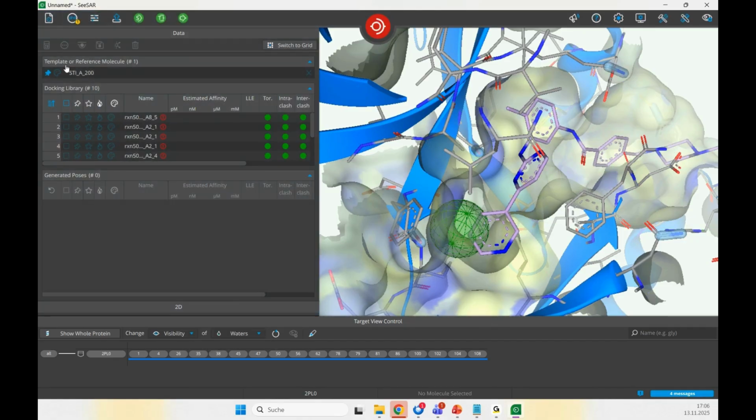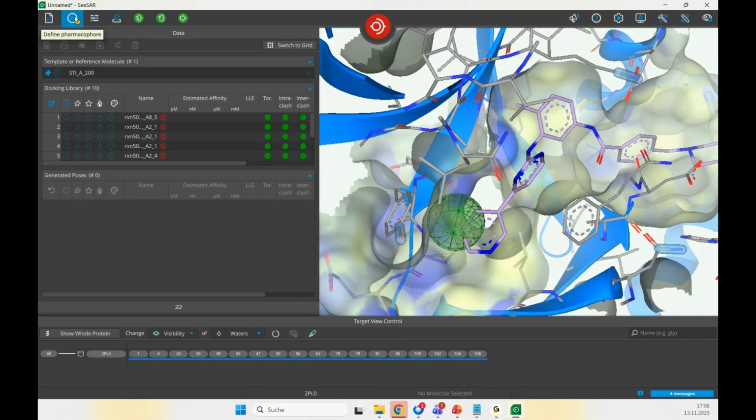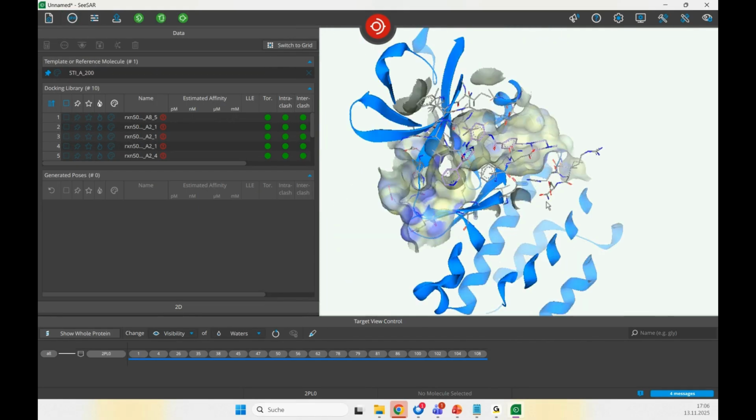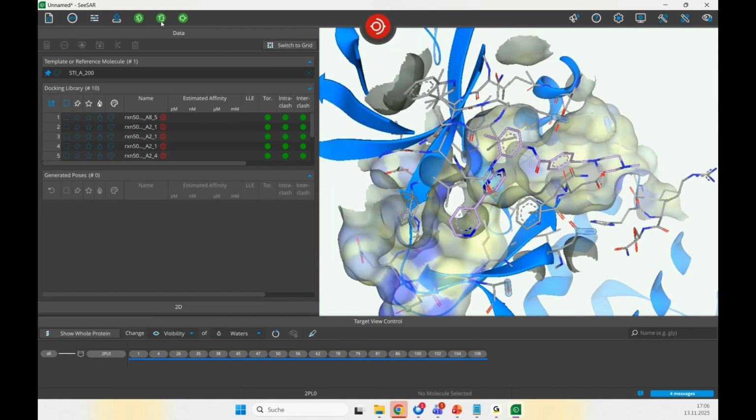Now I can see it's set as reference, as a template. Now I do not need the pharmacophore any longer. And now I can start template docking.